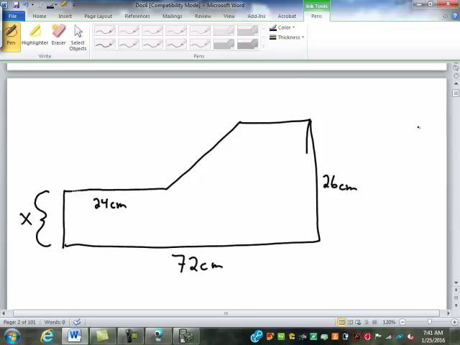Oh, what do I want to put in there now? See if you can find x for me in your notes quick.